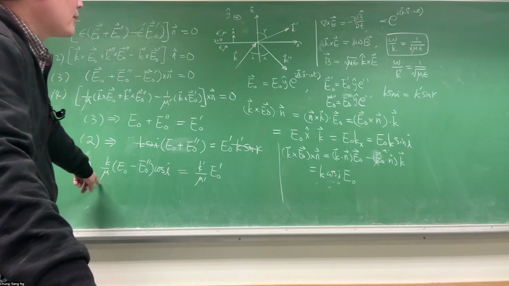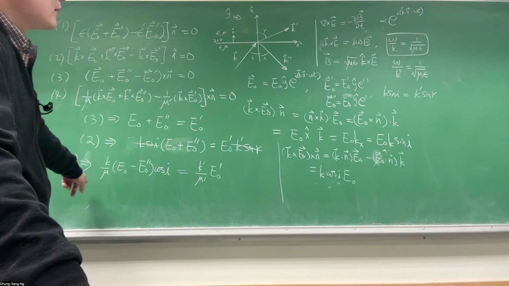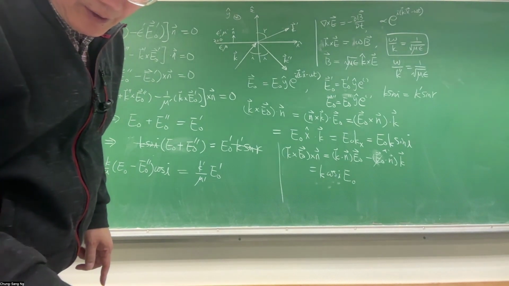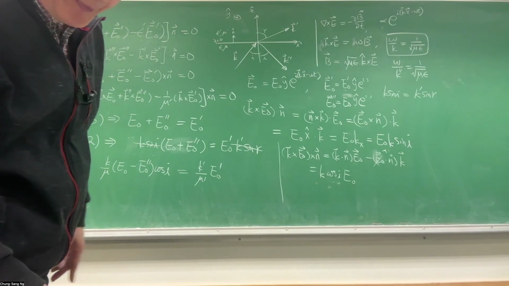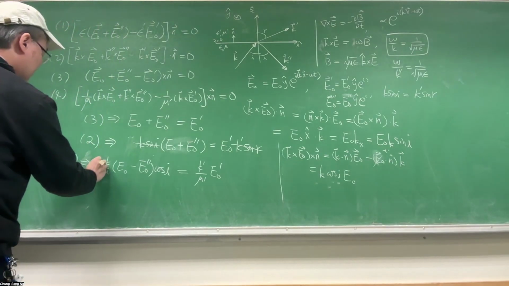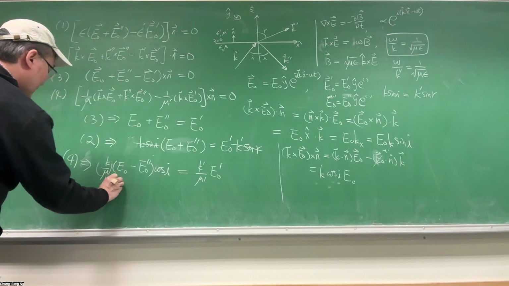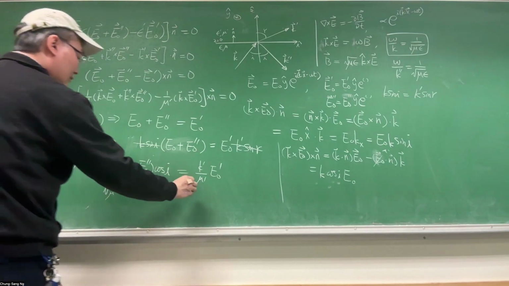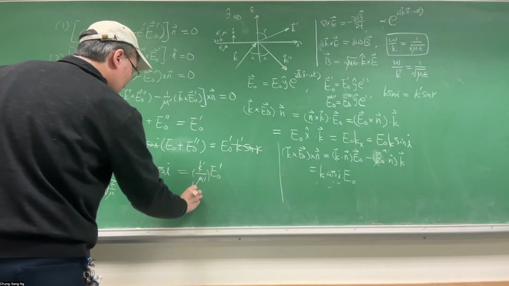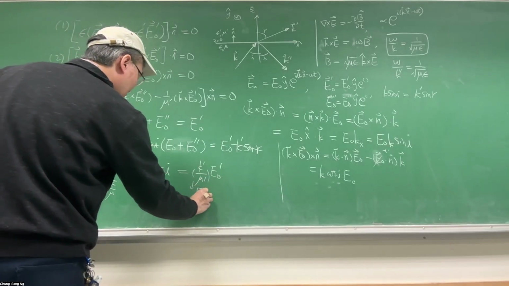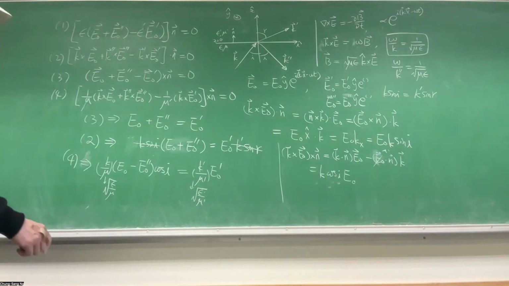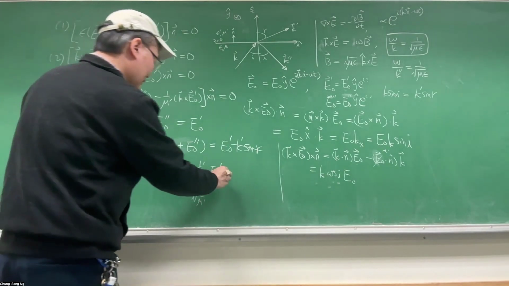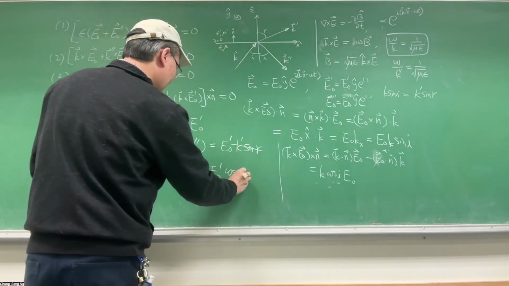So this divided by mu, it's the square root of epsilon over mu. So that is what Jackson has. So you can change this to the square root of epsilon over mu. And likewise, this changes to the square root of epsilon prime over mu prime. Oh yeah, yes, there's a cosine. Thank you. It's a cosine R.